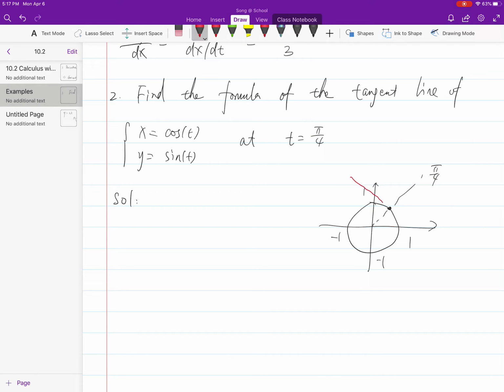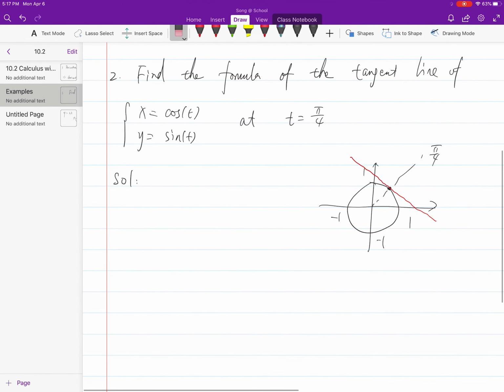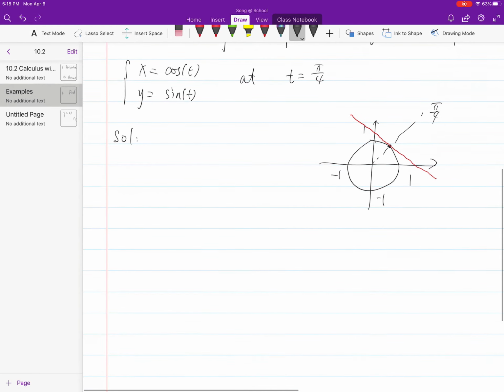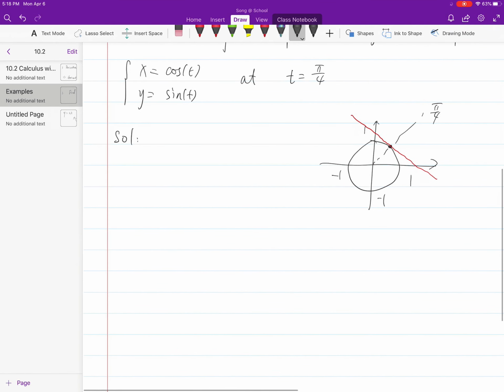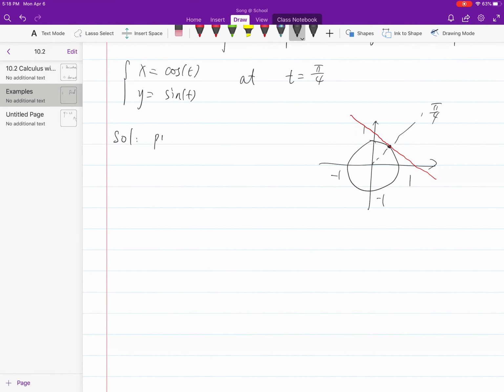Pi over 4 is here. So we know at this point, your tangent line is going to be exactly going down at 45 degrees. The answer should be negative 1 in terms of dy over dx. Then we can go ahead and find the straight line. If that's what we're looking for, we need a point, and we need a slope.